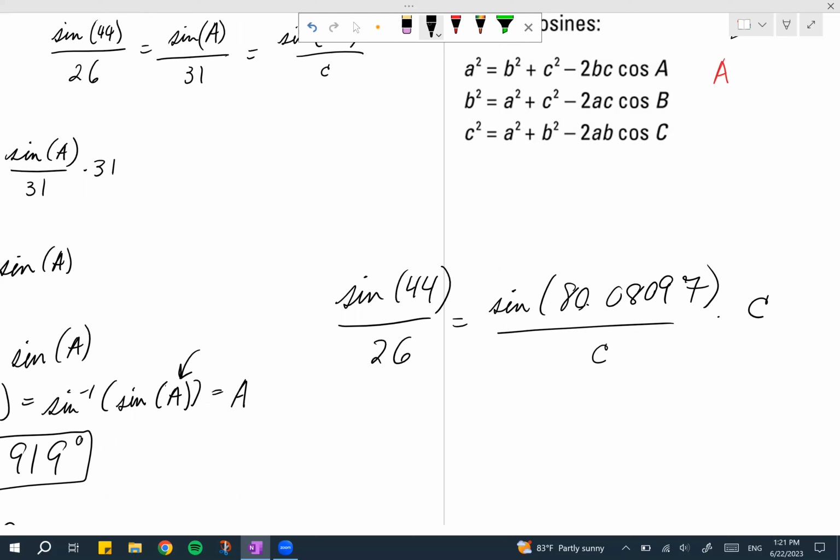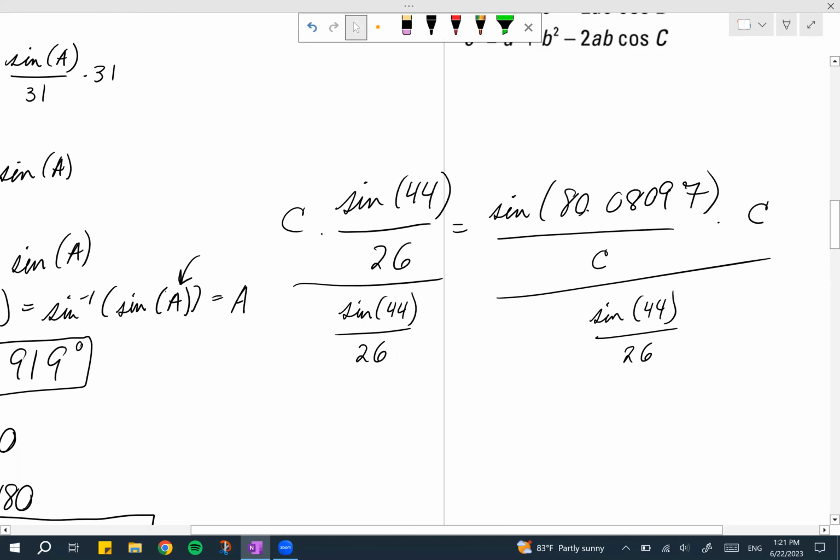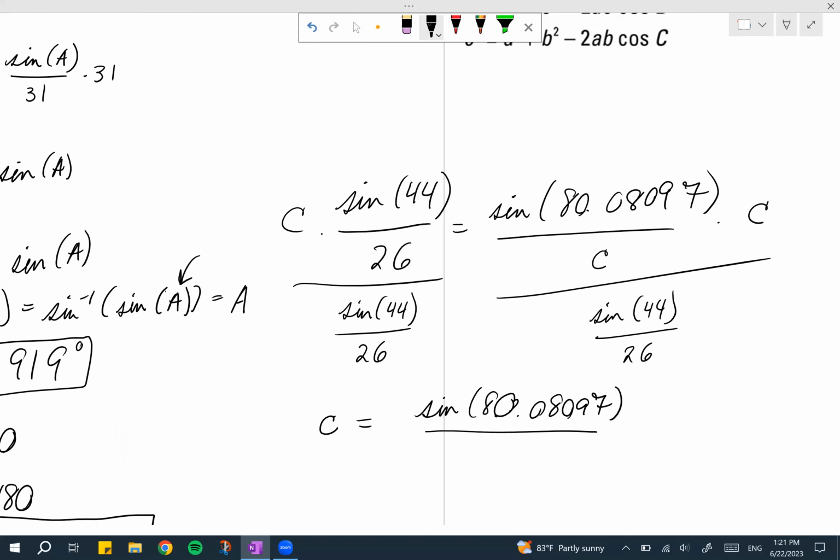I'm going to multiply by c and divide by this fraction. And so what I'm going to end up having is little c is equal to sine of 80.08097 divided by sine of 44 times 26.